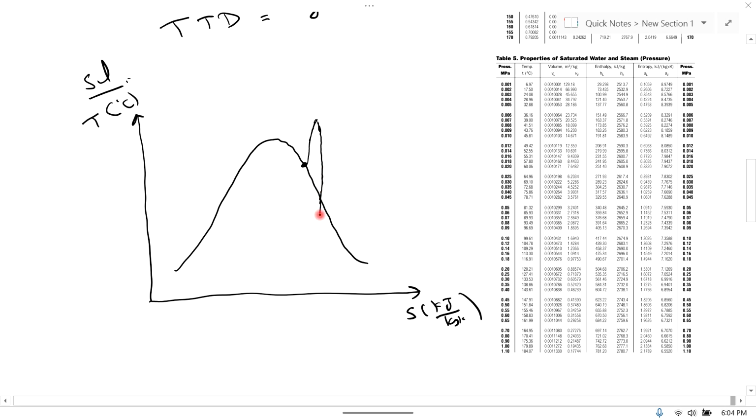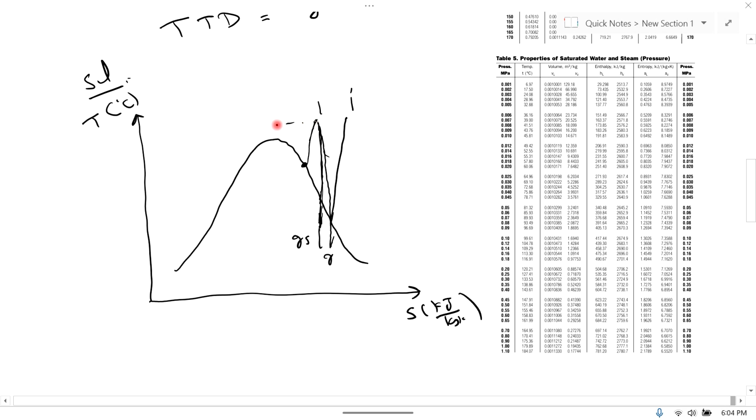This is the expansion in the turbine from 1 to, let's suppose, 2s, and in real condition this is something like a curve. This is 2, and after reheating again to 320 degrees, the temperature will be the same at these two points.